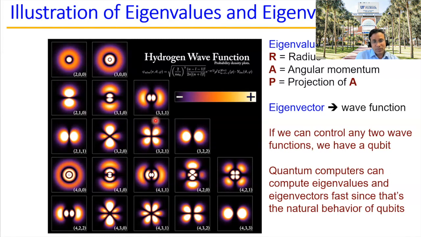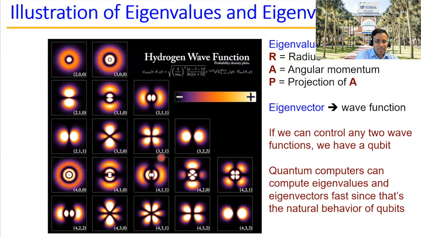You can view it that way, or you can view it as the magnetic field around the electron, whichever way you want. These wave functions are really the eigenvectors. And if we can control any two of these wave functions, we have a qubit. Of course, today's quantum computers don't use hydrogen to construct a qubit, but that's the basic idea.